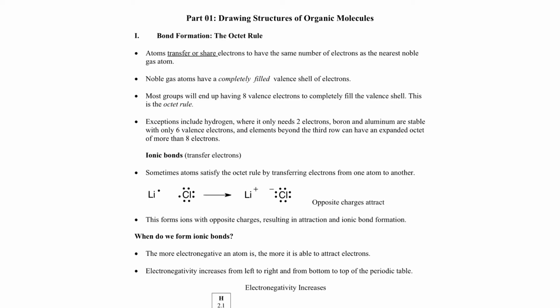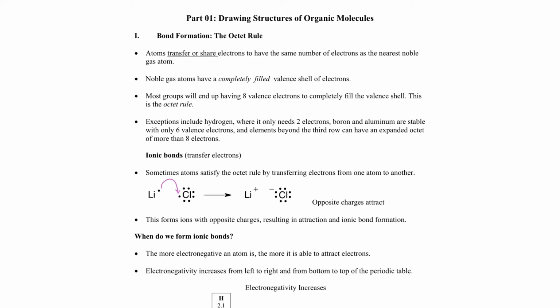Let's look at an example here. Atoms are trying to satisfy the octet rule by transferring electrons from one atom to another. So we have lithium, which is a metal, and chlorine, which is a nonmetal. Chlorine would like one additional electron, and lithium happens to have that one additional electron to give.